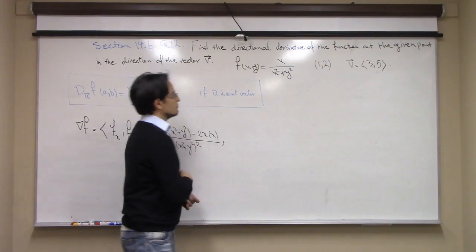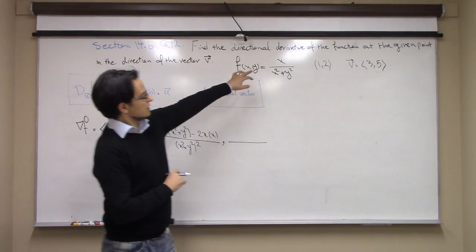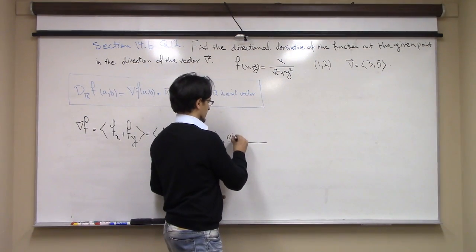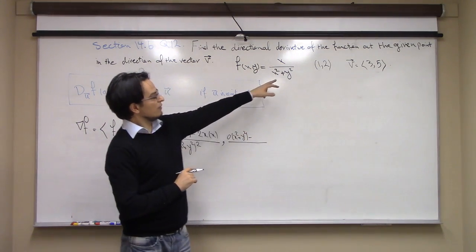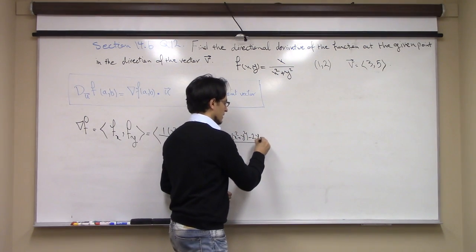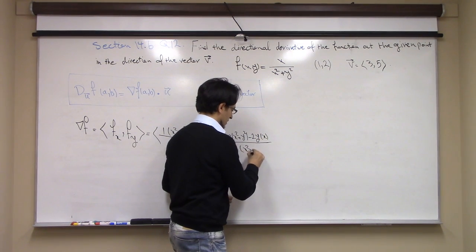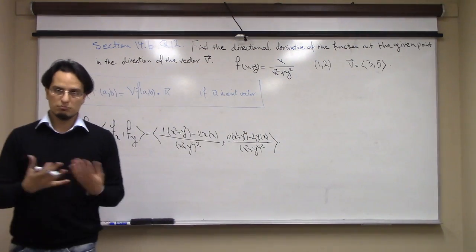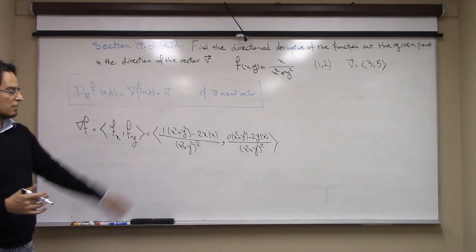So that's the first component. The second component is the same thing, but the derivative of the numerator with respect to y is 0, minus the derivative of the denominator, 2y, times the numerator, over the same denominator. So that's my function's gradient.